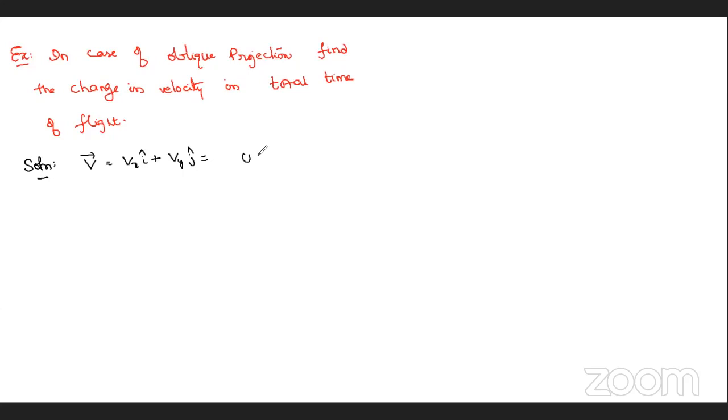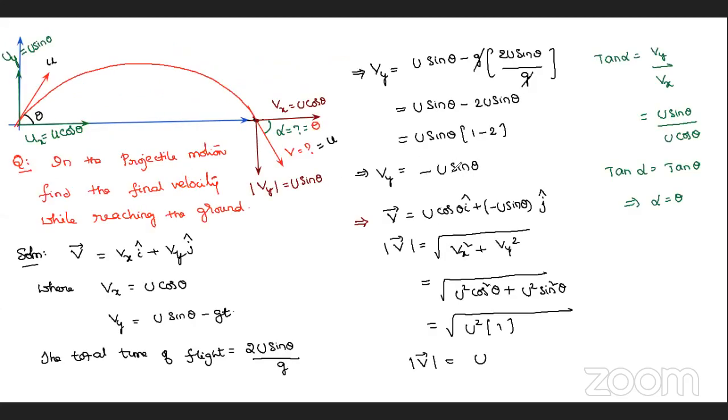Vx is u cos theta i cap plus Vy is minus u sin theta j cap. In the previous page, we got that. Clearly, I wrote here u cos theta i cap minus u sin theta j cap.